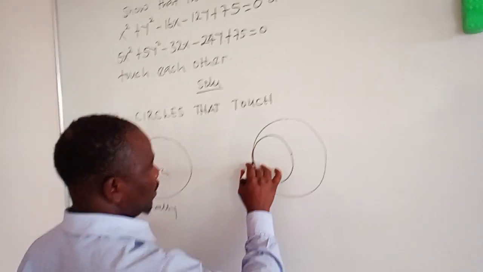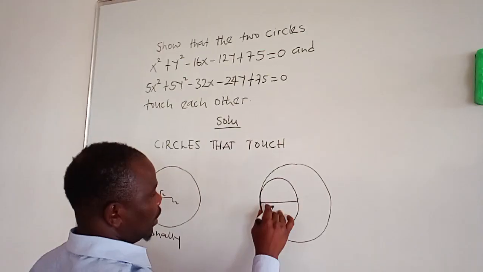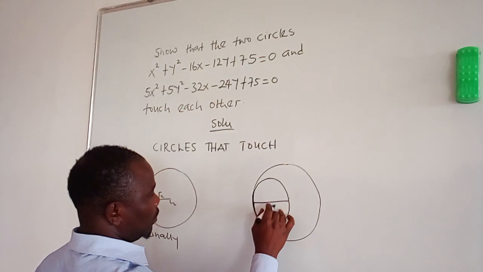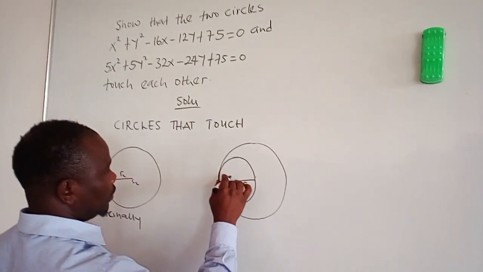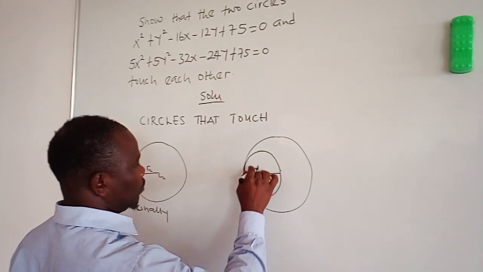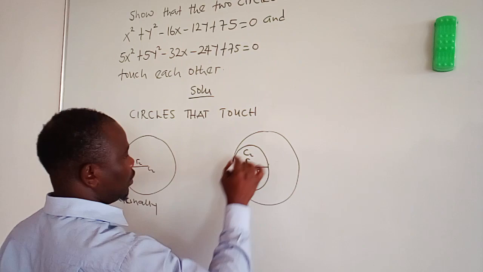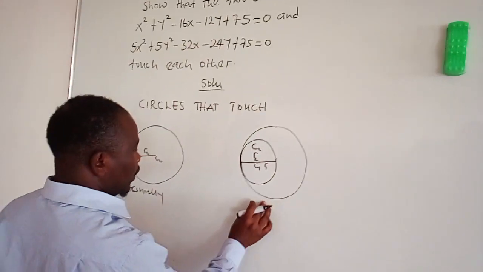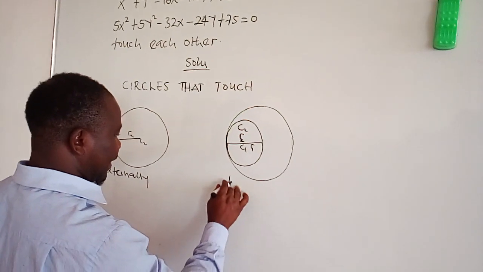From here, we assume here to be C1, R1. We assume here to be R2, C2. This circle is called internally.